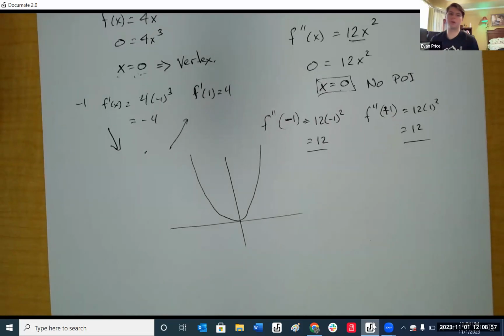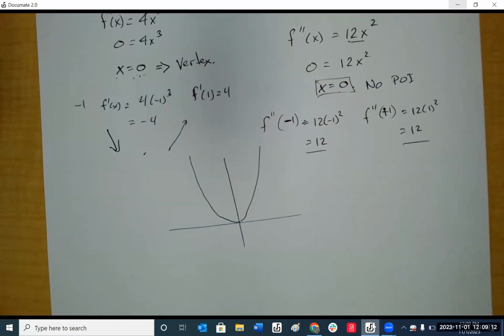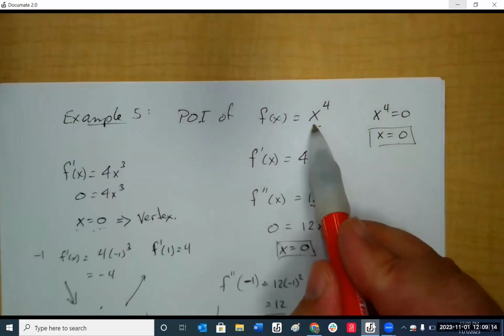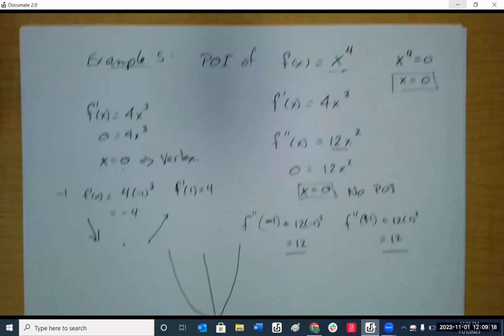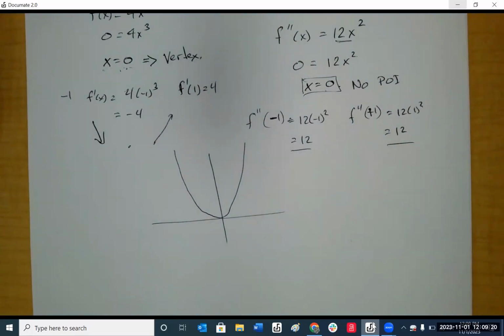Just a regular old parabola. Exactly. And if you think of it, look at the function. It's just f of x equals x to the fourth. There's no vertical shift, no horizontal shift. It's just x to the fourth.